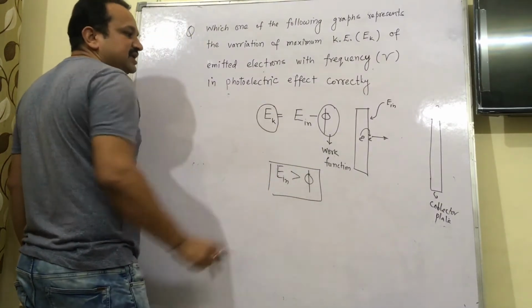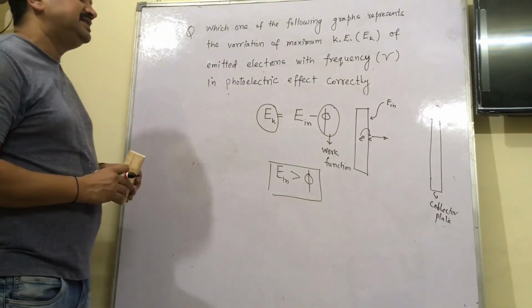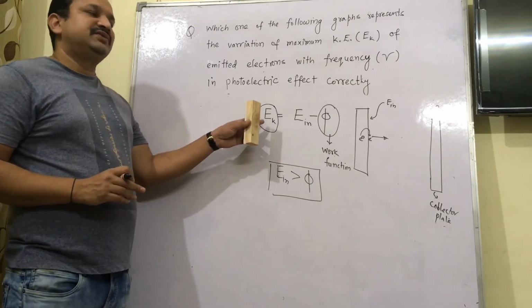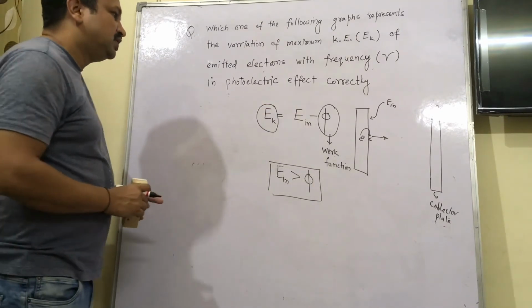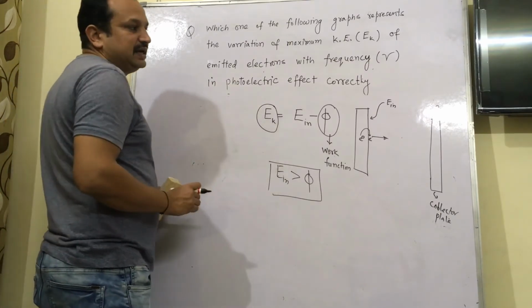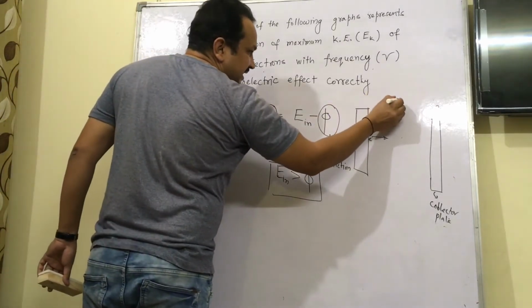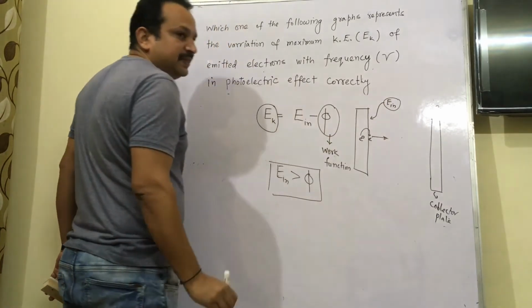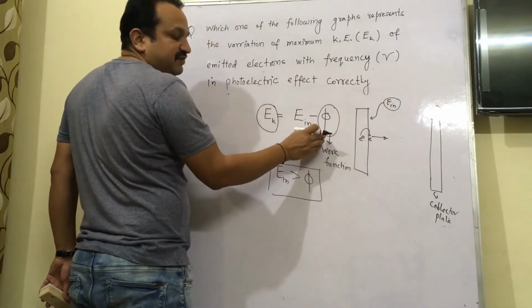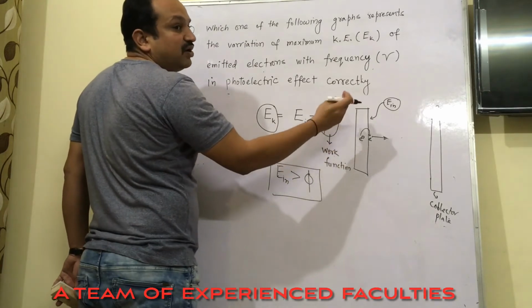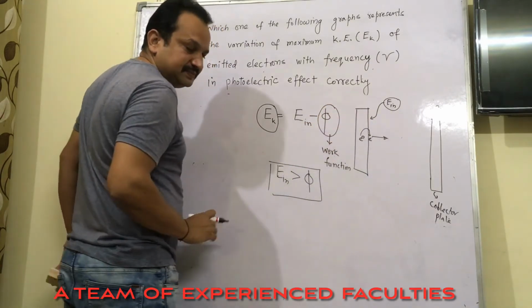So this is the relation between the incident energy, the maximum kinetic energy of the electron and the work function. So first it is clear that minimum incident energy is required, which is equal to the work function, at which the electron will not get accelerated.